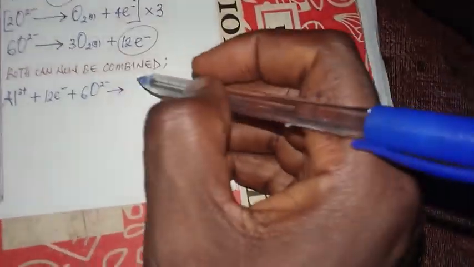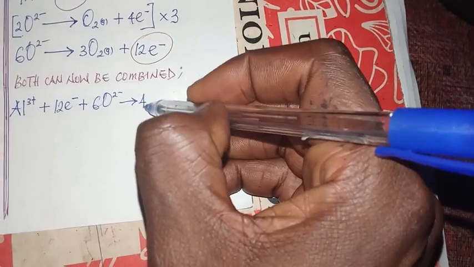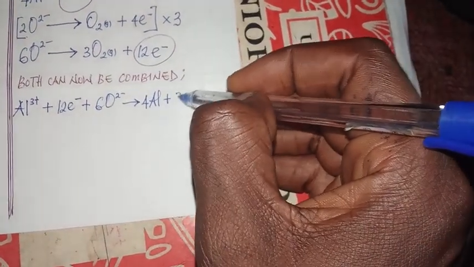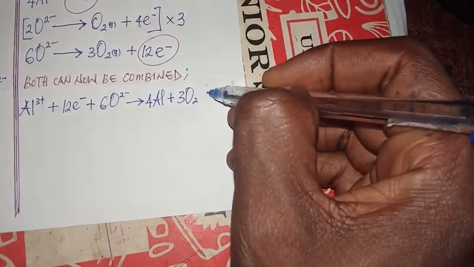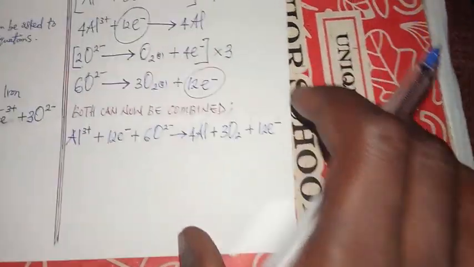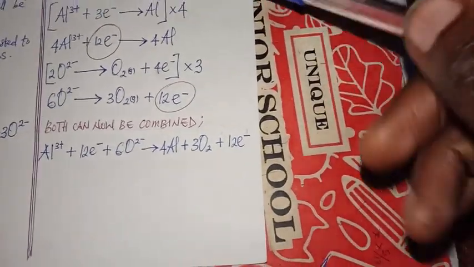Now move to everything on the product side. So on the product side, I have 4Al plus 3O2 plus 12e-. So that's how to combine the equation. You write everything on the reactant side and write everything on the product side.